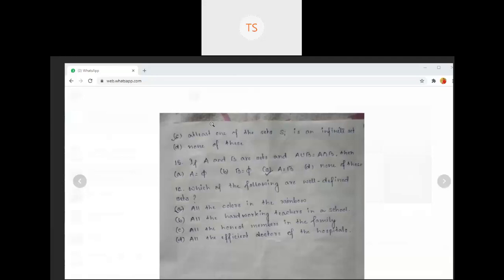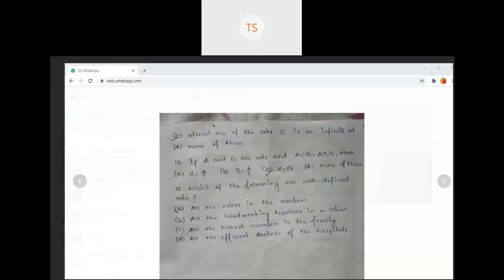Can anyone tell me the reason why C is the correct option? A union B and A intersection B being equal means both have the same elements, the same number of elements, and they are common to each other. So the possible option is A equals B.